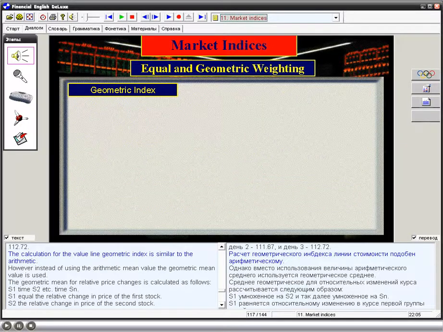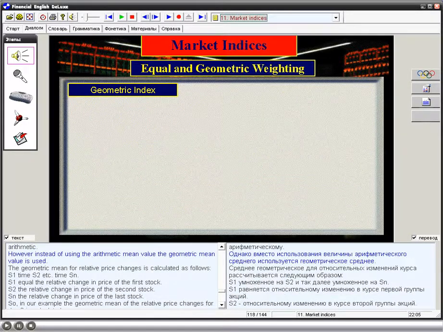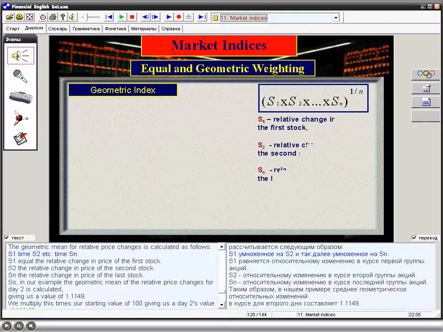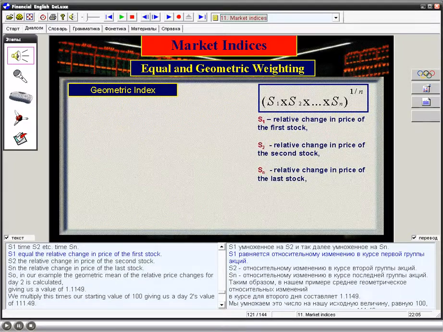The calculation for the Value Line Geometric Index is similar to the arithmetic. However, instead of using the arithmetic mean value, the geometric mean value is used. The geometric mean for relative price changes is calculated as follows: S1 times S2, etc. times Sn.